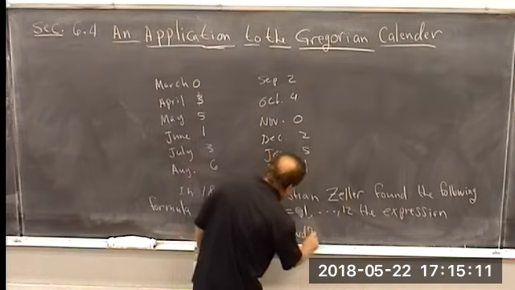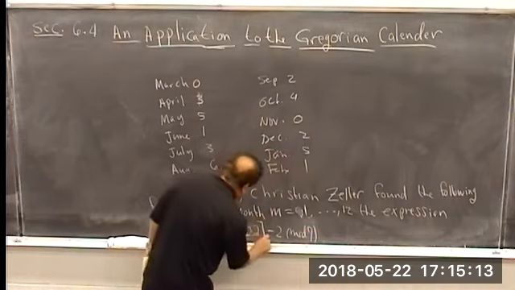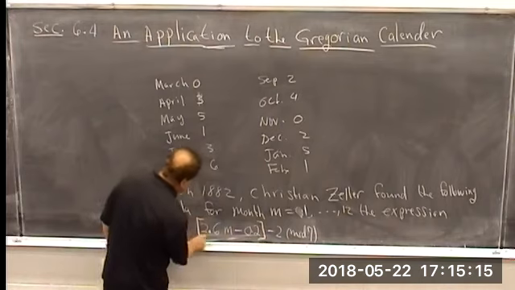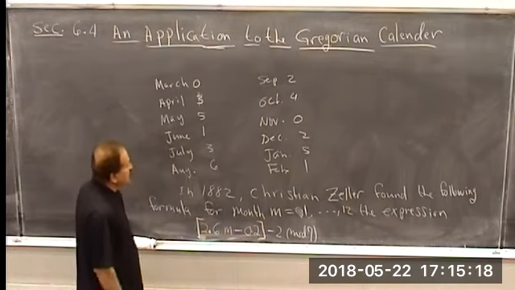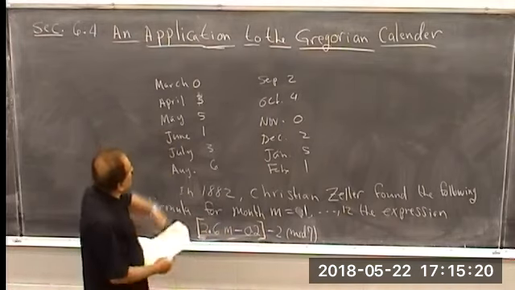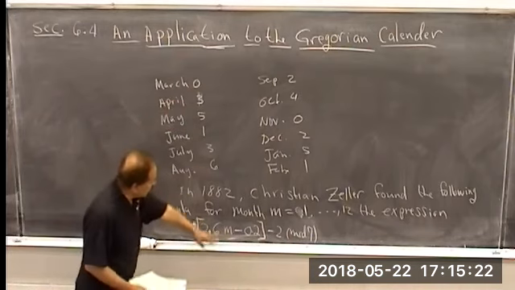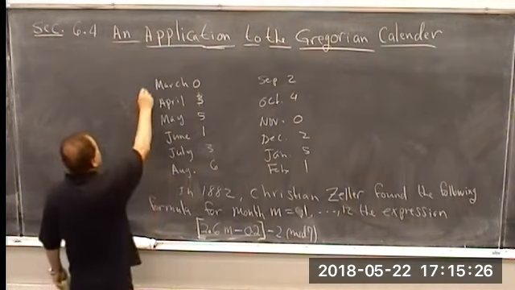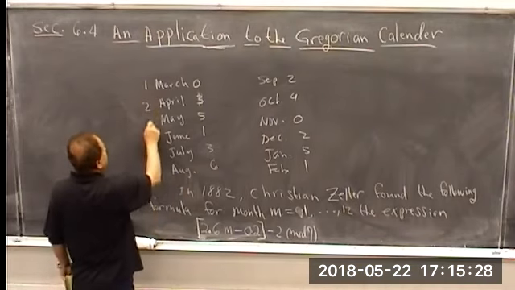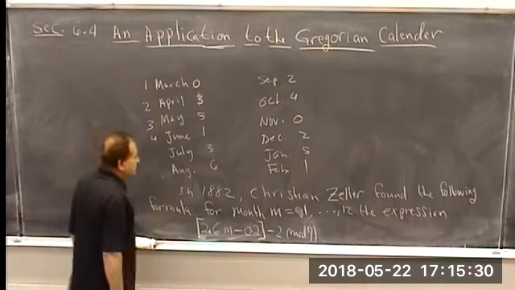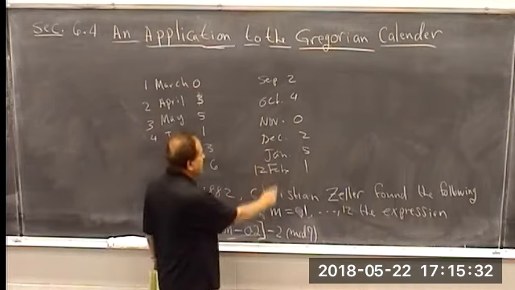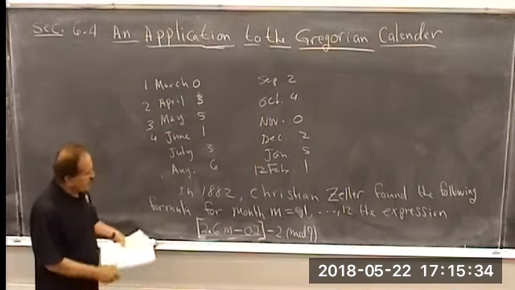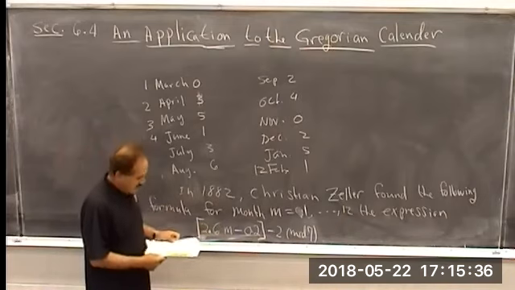Here the bracket is the greatest integer function, which you can try by plugging in the month. So this is the first month, second, third, fourth, and so on, and this is month 12. This is what the M stands for.